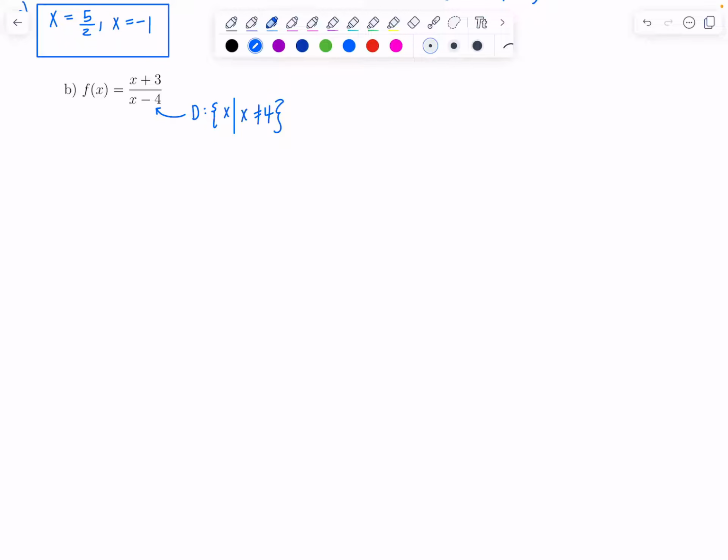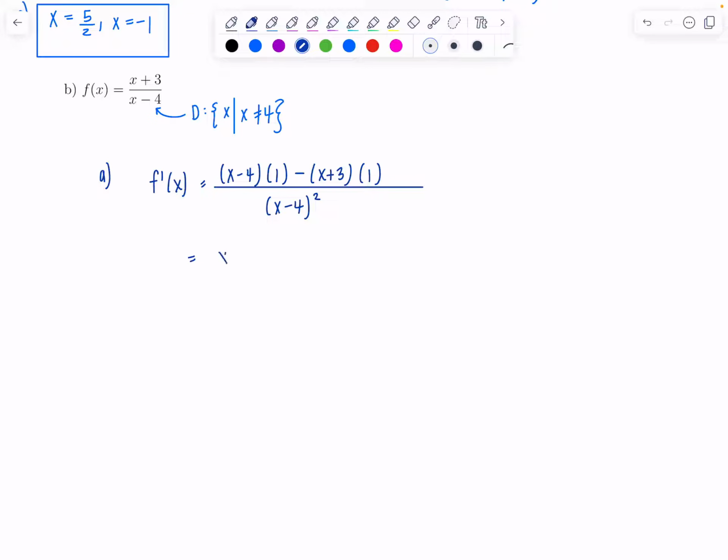Good. So now let's try to find our critical numbers. First thing I need to do is take the derivative. So we need to find f prime of x. And we're going to use the quotient rule. So here we go. Low means denominator. D high, derivative of the numerator, minus high, numerator, D low, derivative of the denominator, over x minus 4 squared.